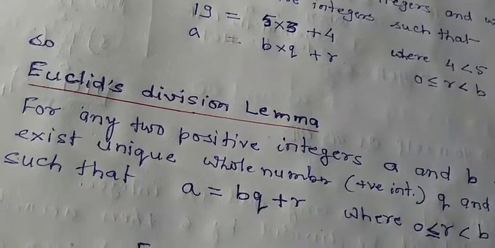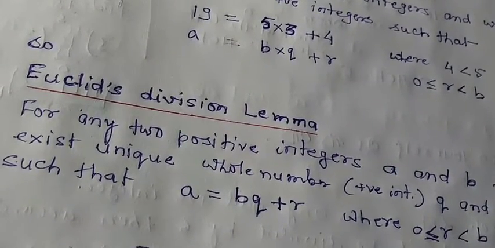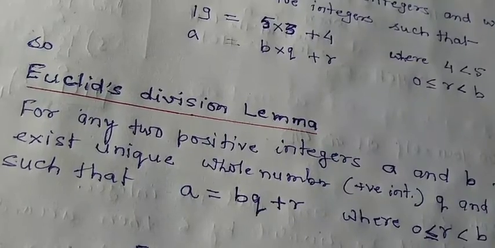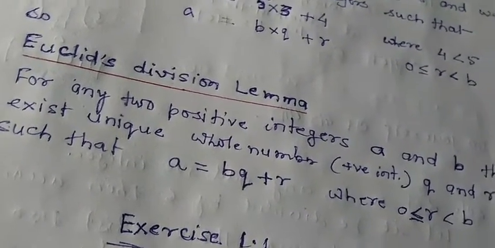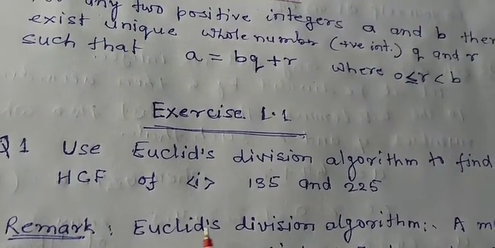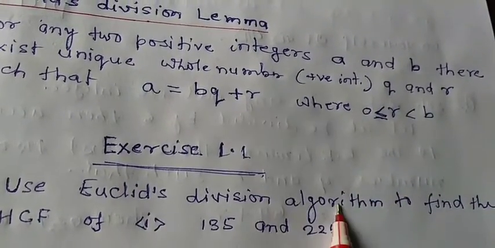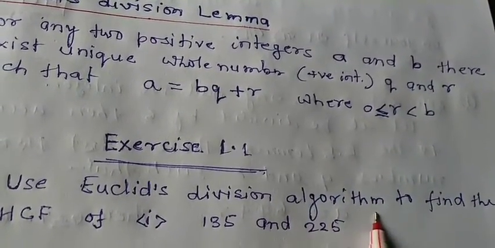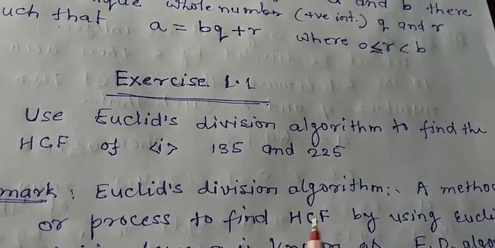So now by using this theorem we'll find the HCF of two numbers. There is question number 1 here, to find HCF by using Euclid's division algorithm. So what is an algorithm?